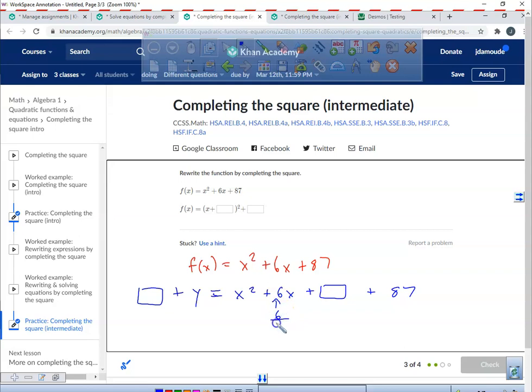I'm going to take half of it, and I'm going to square it. Well, what is 3 squared? 3 squared is 9, because 3 times 3 is 9. So I'm going to put a 9 there. Once again, what are we doing? This number is always whatever the b value is divided by 2, squared.